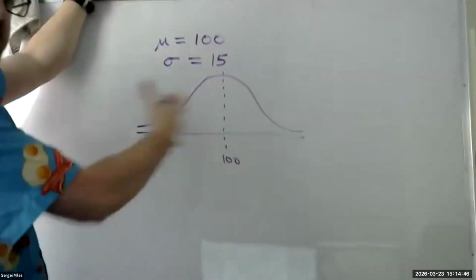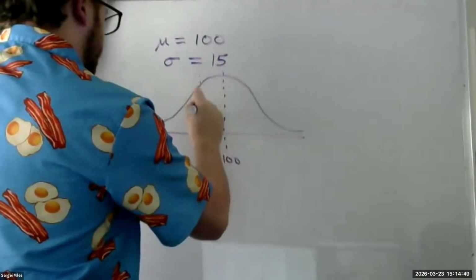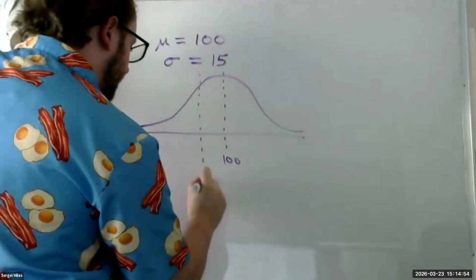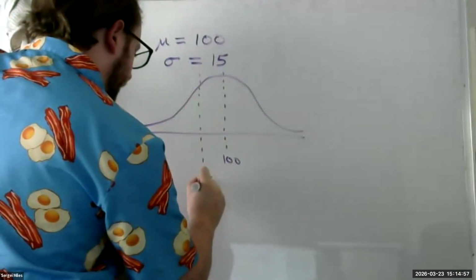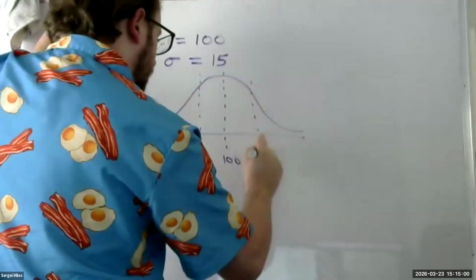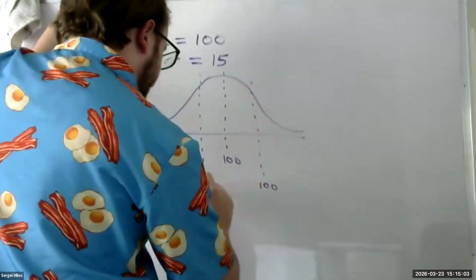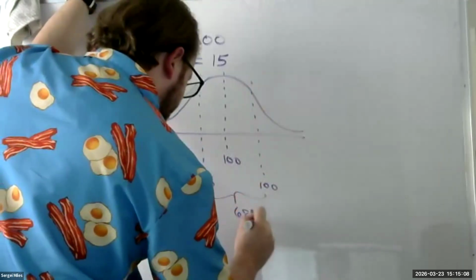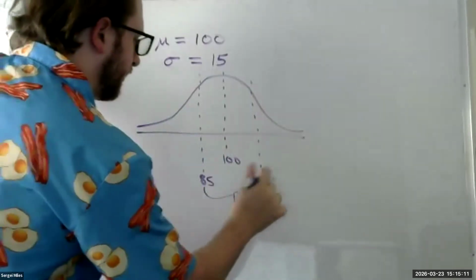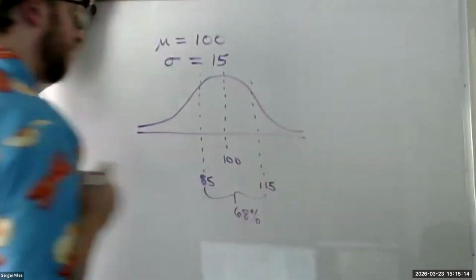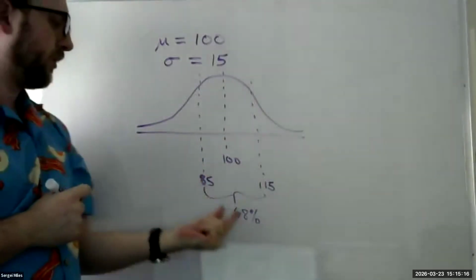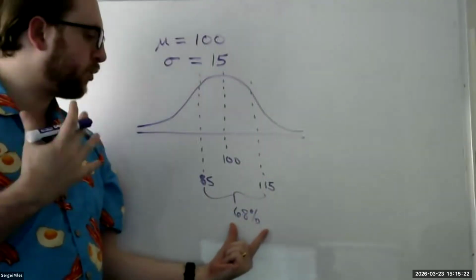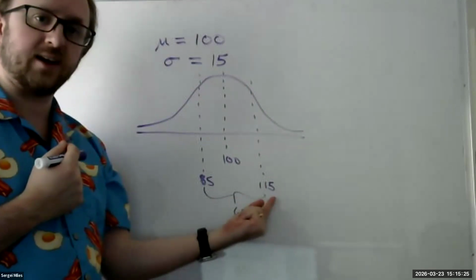If I look out one standard deviation to the left and right, that would be 100 minus 15, which is 85 as a lower bound, up to 115, one standard deviation above. According to the empirical rule, 68% of the population has an IQ between 85 and 115.